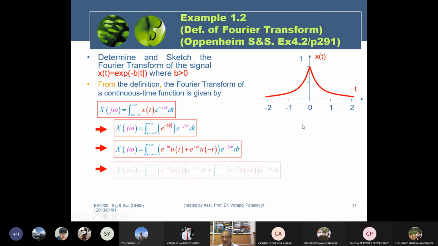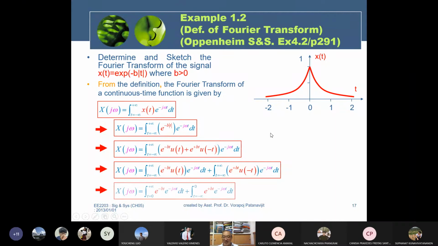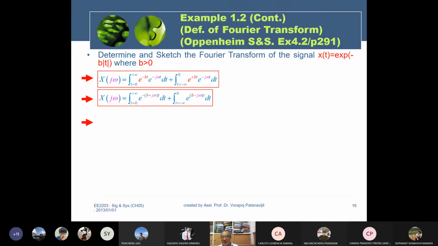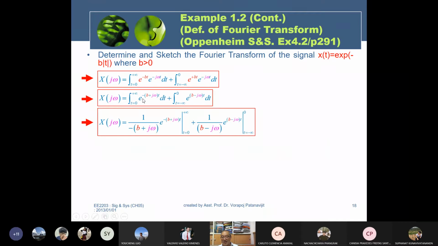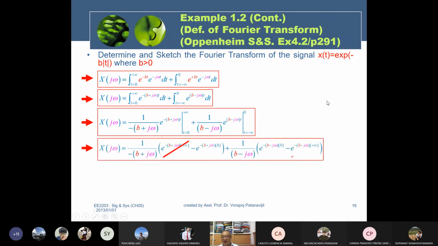You integrate them the same as the previous one. Integrate the exponential, you try grouping them as e to the power of something times t. You integrate e to the at, which gives you e to the at divided by a. After that, you substitute the range of the integration from infinity to 0.